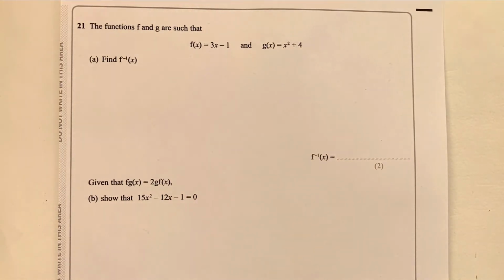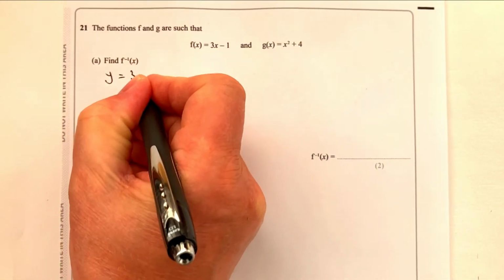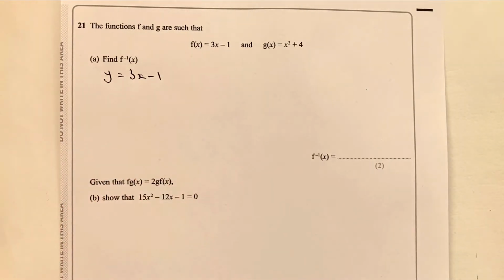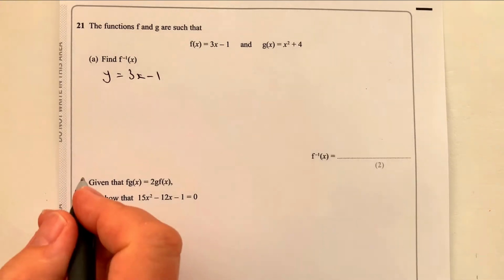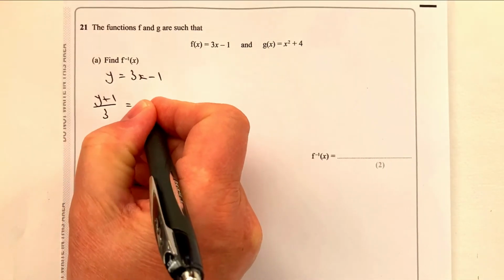Well, the technique, and again, if you're not sure, let me know. I'll direct you through to the playlist. The technique is to write this as y equals 3x minus 1, and then basically make x the subject of the formula. So if I rewrite this, I'm going to get y plus 1 divided by 3 equals x.